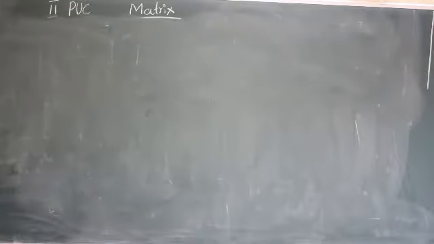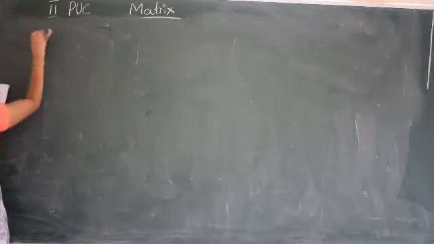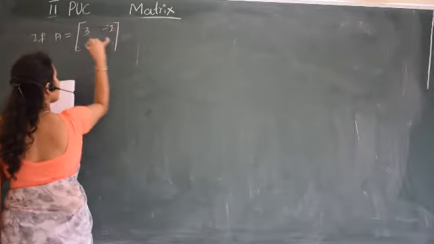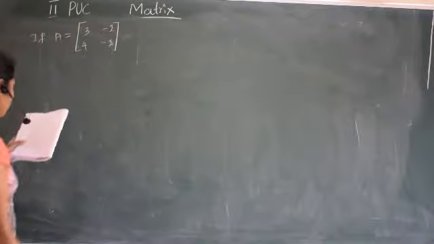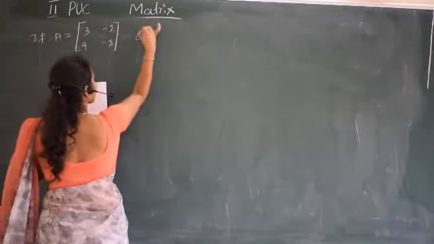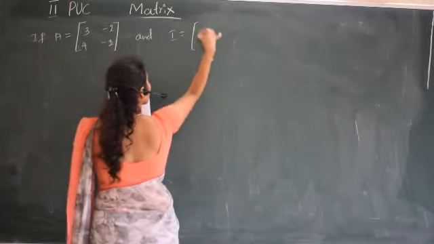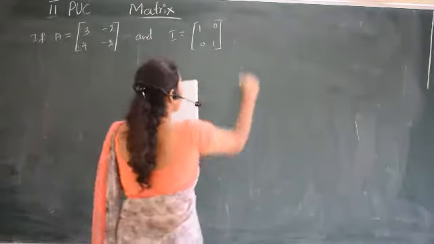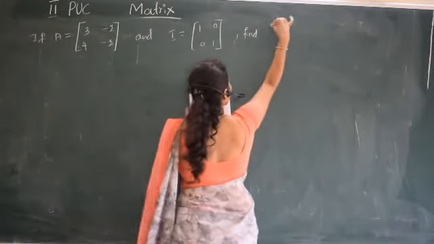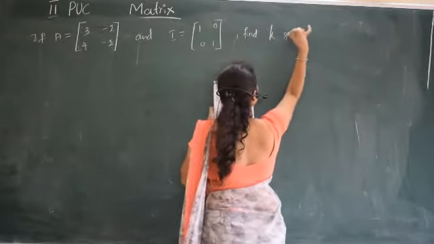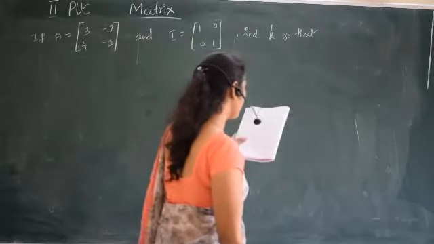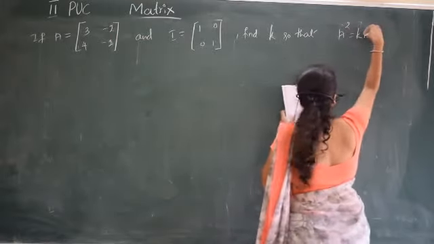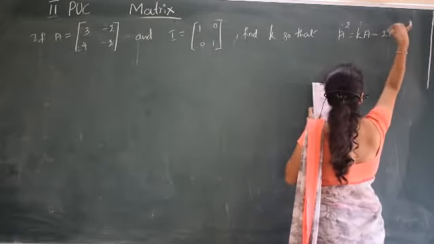Next problem. If A is equal to the matrix 3, minus 2, 4, minus 2, and I is the identity matrix 1, 0, 0, 1, find the value of k so that A square is equal to kA minus 2I.